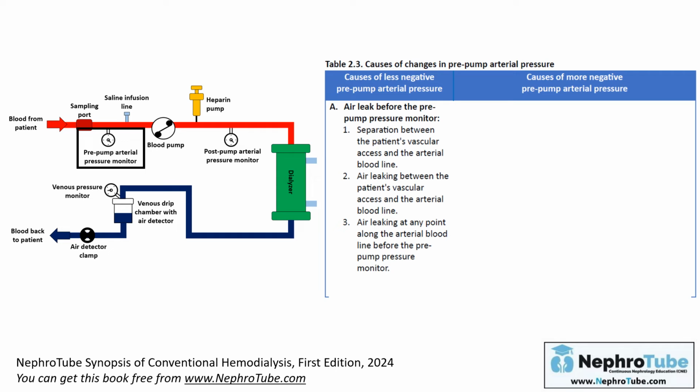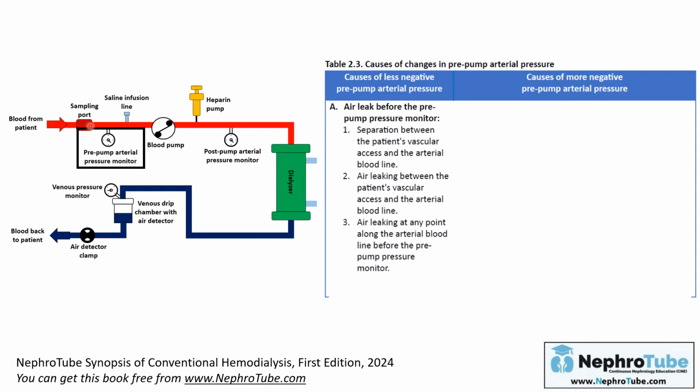The following may cause less negative pre-pump arterial pressure. Any air that may be found before the pressure monitor. Any air entry will cause less negative pressure, such as separation between the patient's vascular access and the arterial line, or air leaking in any part of this arterial segment, or between the patient's vascular access and the bloodline.